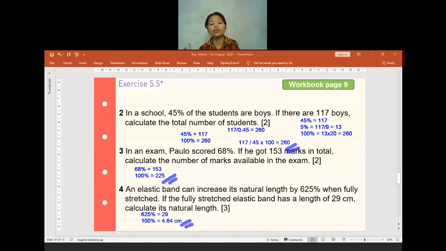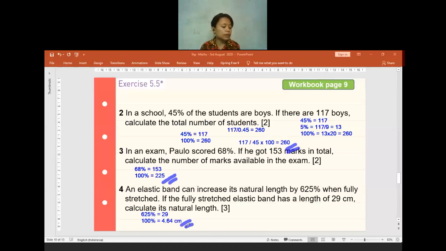Now, if you are going to solve the question using the percentage, you have to read the question properly. An elastic band can increase its natural length by 625%.